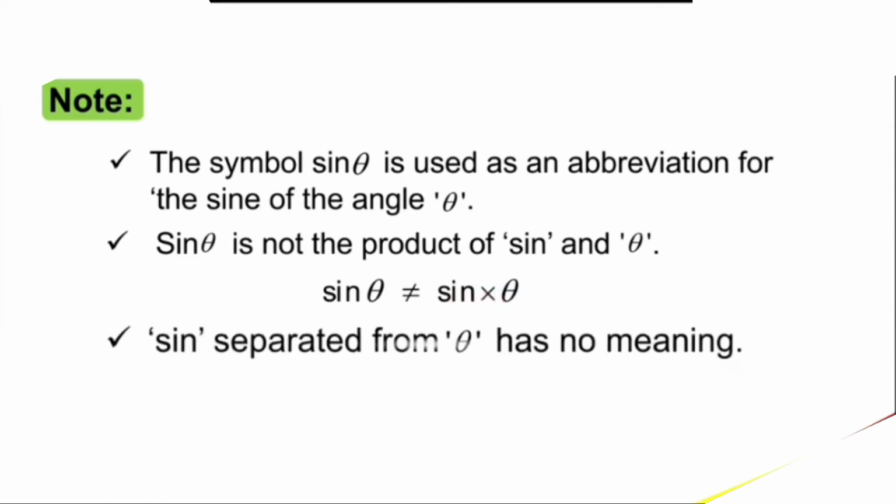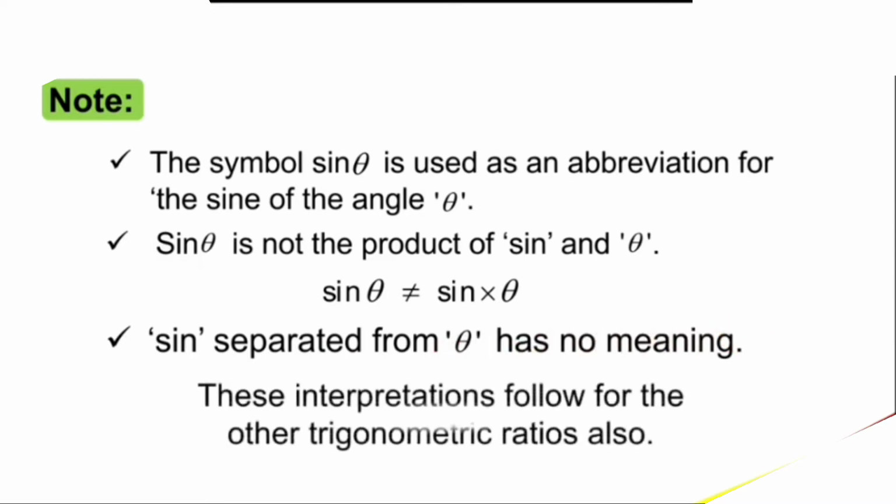Next, sine separated from theta has no meaning. Children, these interpretations follow for the other trigonometric ratios also, like cos theta, tan theta, cosecant theta, secant theta, and cot theta.